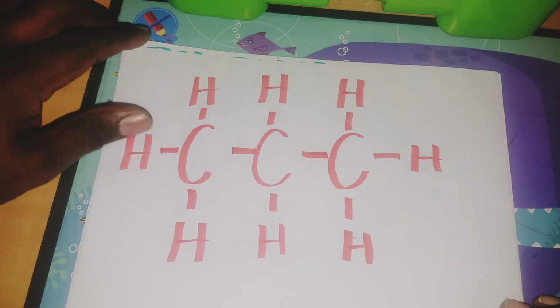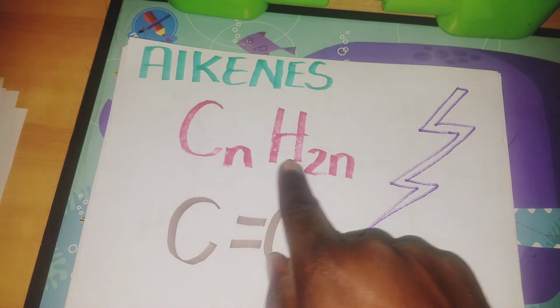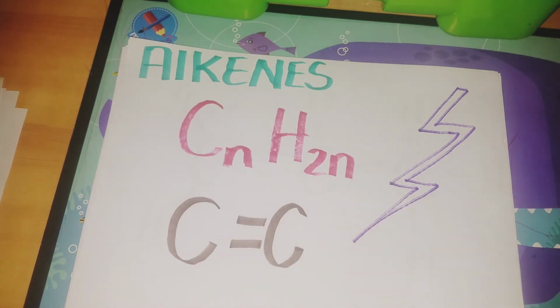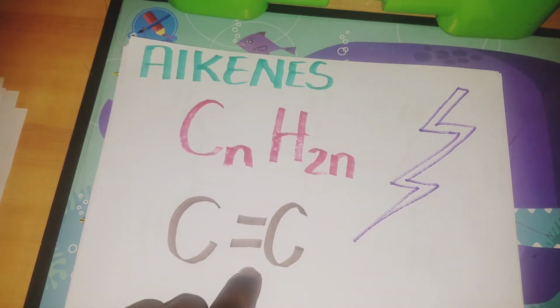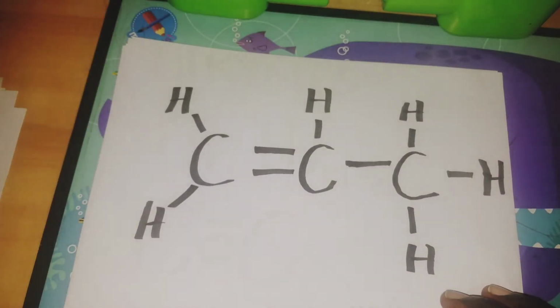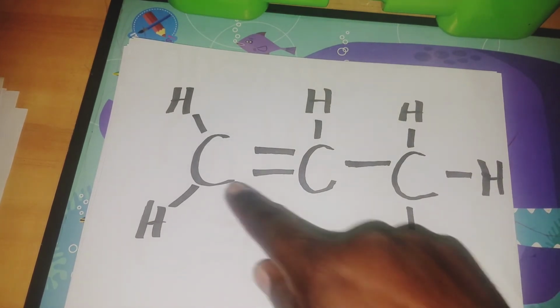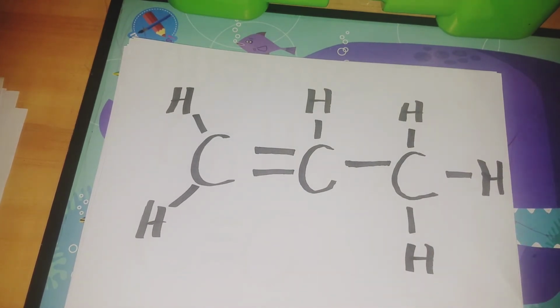So our second group of compounds are the alkenes. Their general formula is CnH2n, and the functional group is carbon double bond carbon. So let's look at an example over here. In this example, we have a 3-carbon alkene. So remember, you're looking for two things. The functional group: is there a carbon double bond carbon?